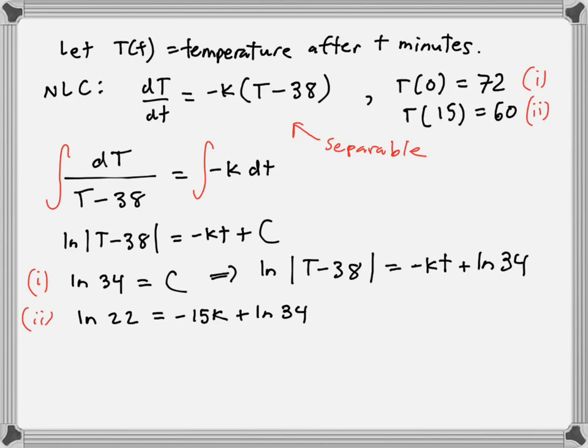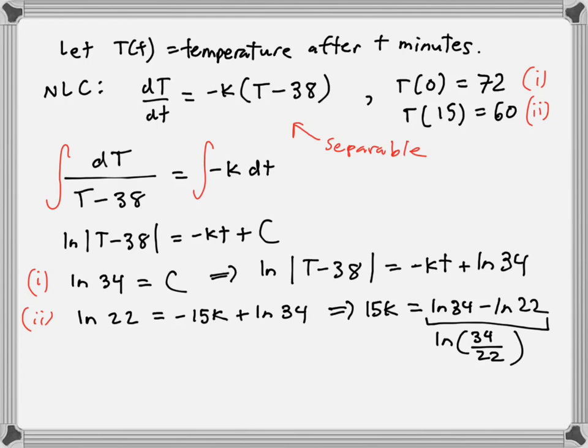So we could find k here, can't we? Okay, so if I move stuff around, I get the following. I get 15k is equal to ln of 34 minus ln of 22. Or this is really the natural log of 34 over 22, right? Using rule of logs.